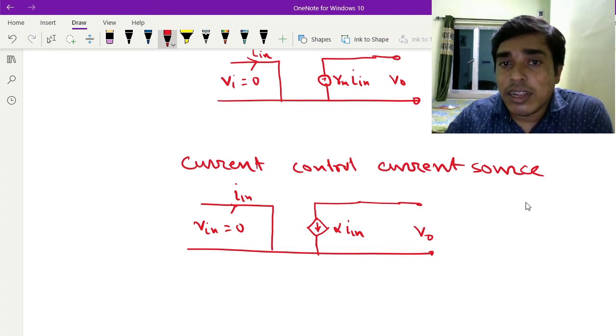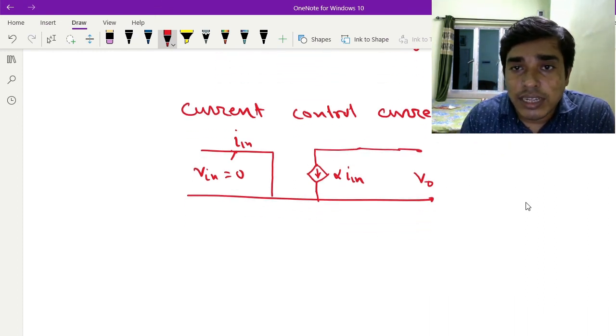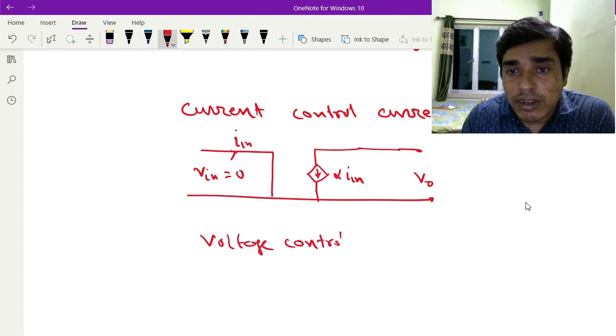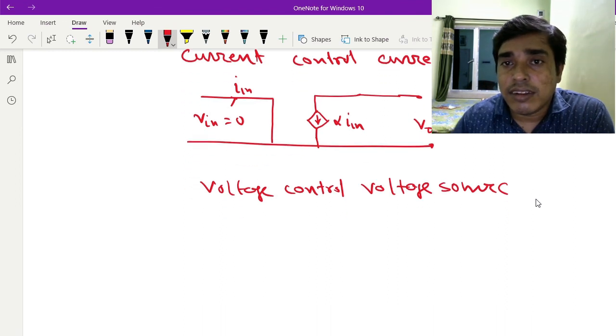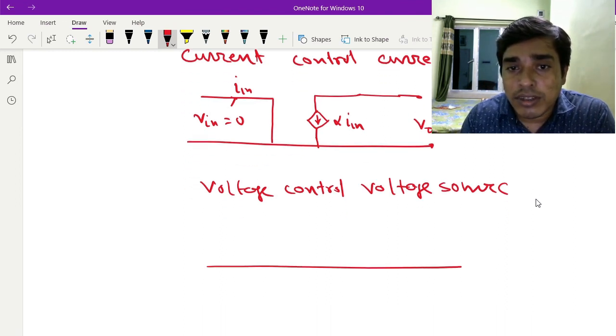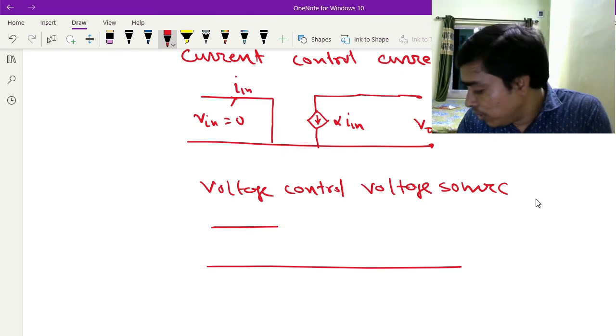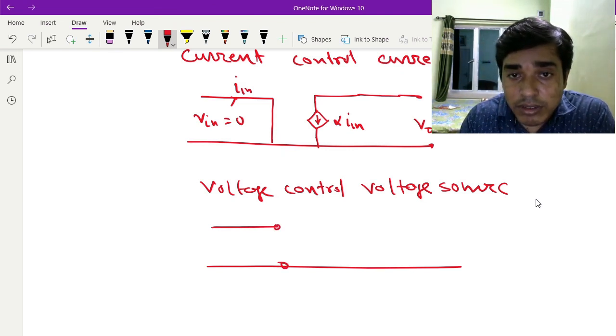This is called the current controlled current source, and the voltage controlled current source. How to represent it? It is represented in this way. There is a V input and the current here must be 0.